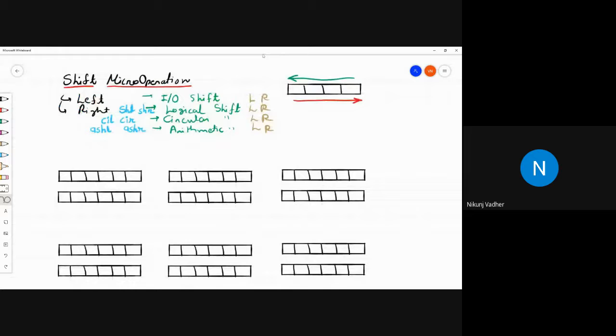Okay, let's start. This we will keep for, let's say, logical shift.